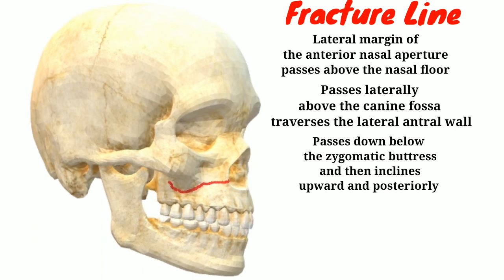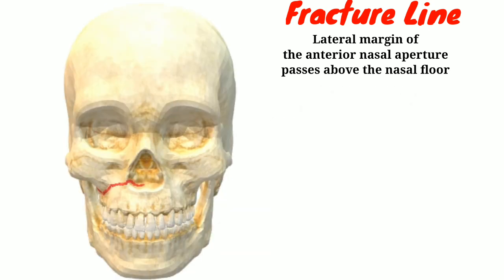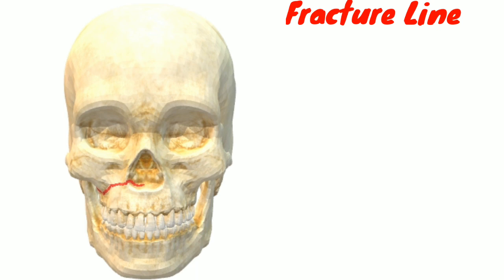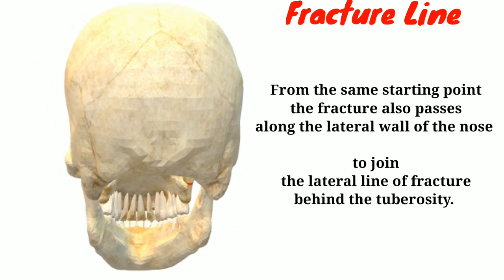After that it will travel further and fracture the pterygoid plate at the junction of the superior 2/3 and inferior 1/3. Okay, this is one of the fracture lines. Now this fracture line is also going to pass posteriorly, and it will fracture from this point also, coming from this side.